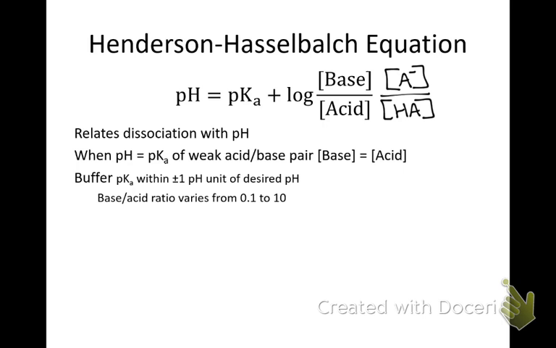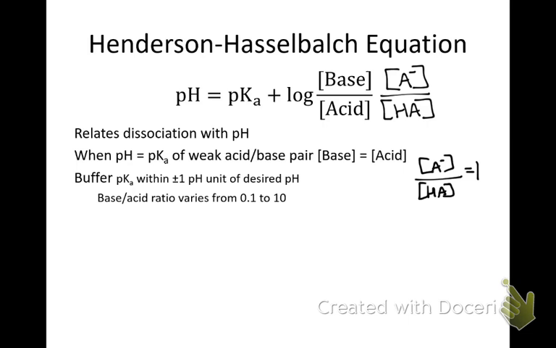When the pH equals the pKa for the weak acid, weak base pair, we see that the base concentration equals the acid concentration at equilibrium. And so if base equals acid, then A minus over HA will equal 1, and the log of 1 is 0, so pH will equal pKa.